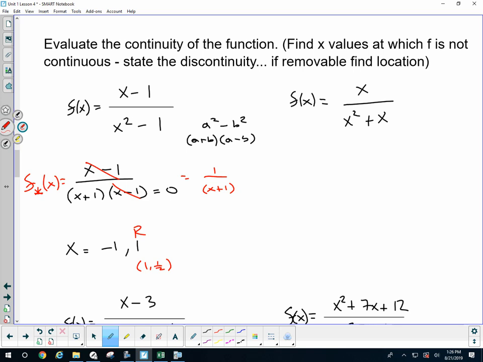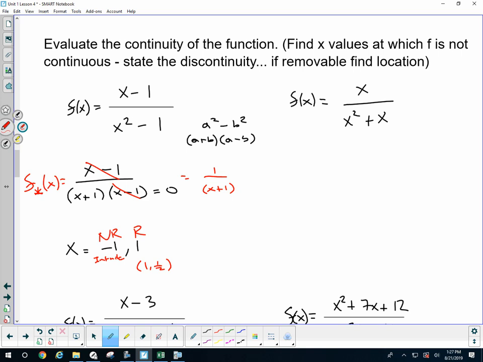So this is non-removable, and it is an infinite discontinuity. Again, for all of these expressions like these that we're going to look at, non-removable will mean infinite. The other type of non-removable is a jump. Jumps occur with piecewise functions and another type of function we're going to see.